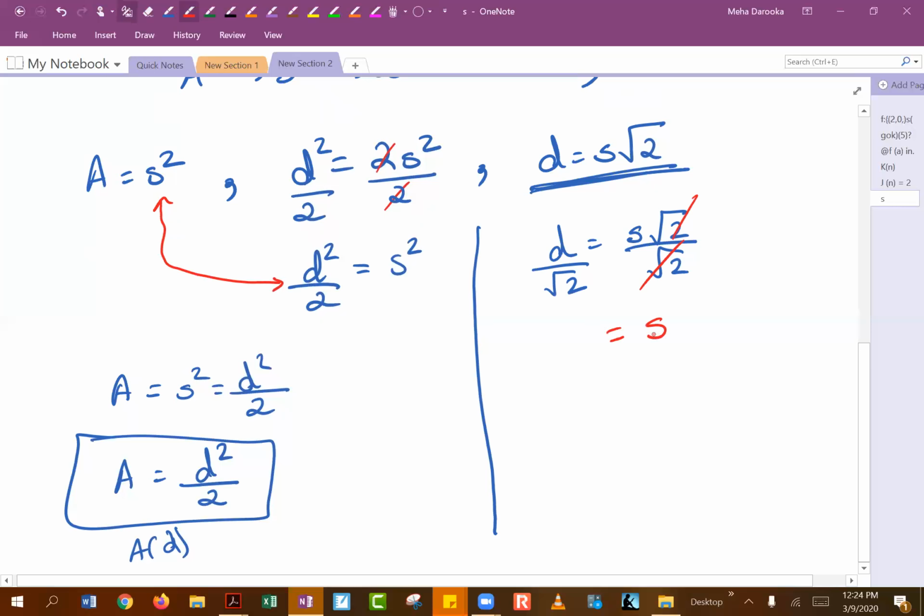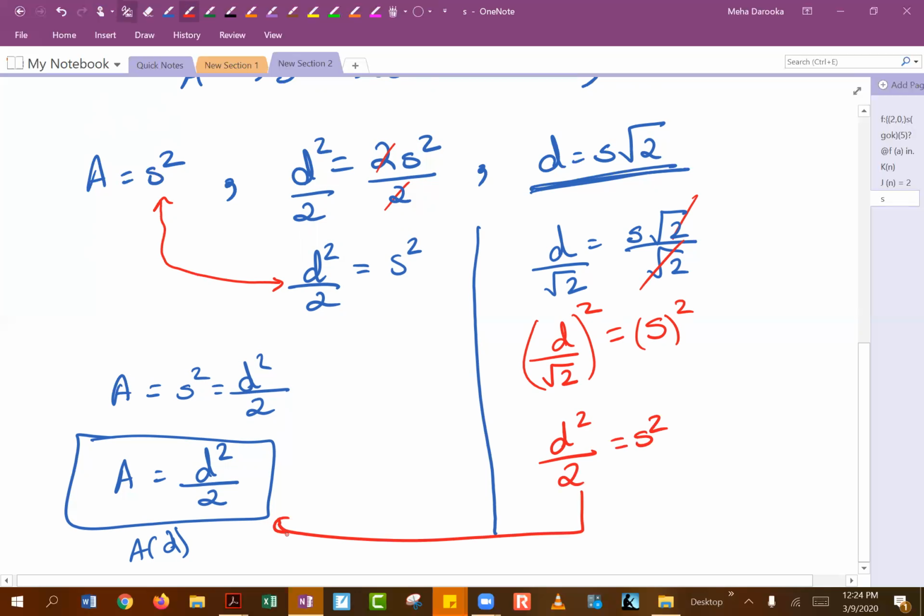Same thing, get s by itself. But now this is s squared, right? Which means you just end up squaring. And this is kind of what you were thinking with that very equation. So this would then end up giving us d squared. Square cancels out the square root. And then you would be back at this place. So you can use any of those versions to help you come up with A in terms of d.